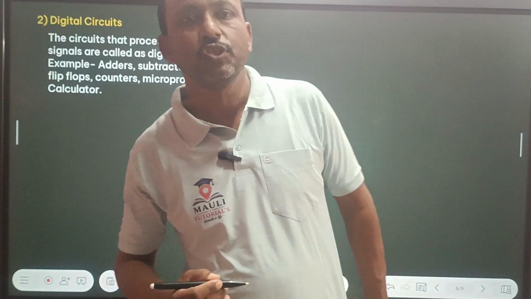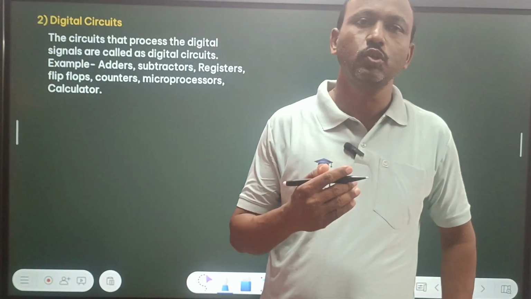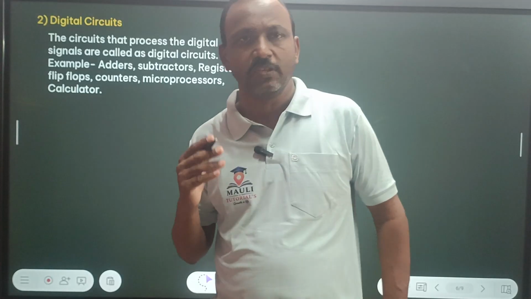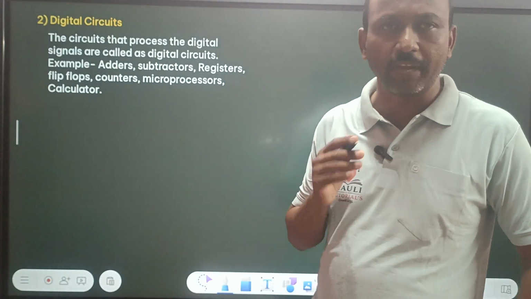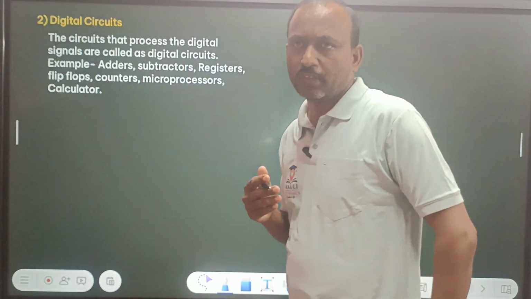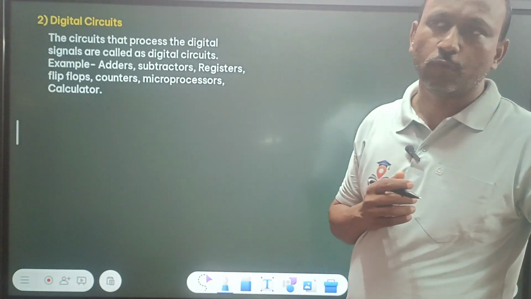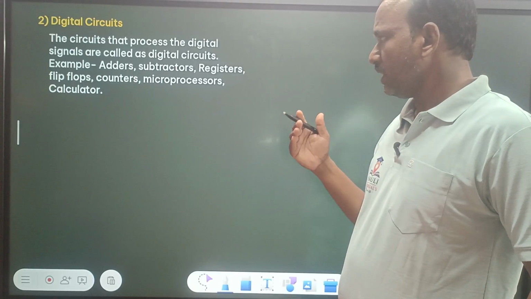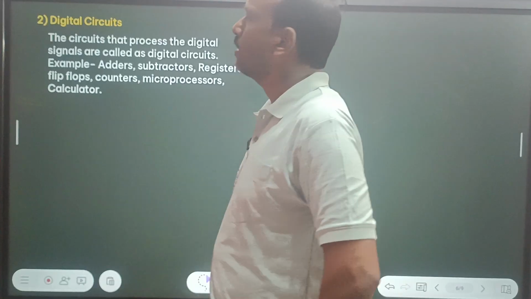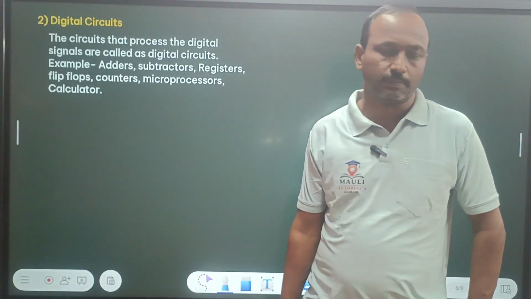Adder is a circuit which is used to perform the addition of two binary bits or a group of bits. Subtractor is used to perform the subtraction of the applied bits or bytes. Then register: registers are used to store information. Flip-flop, counter, microprocessor, calculator, these are examples of digital circuits.